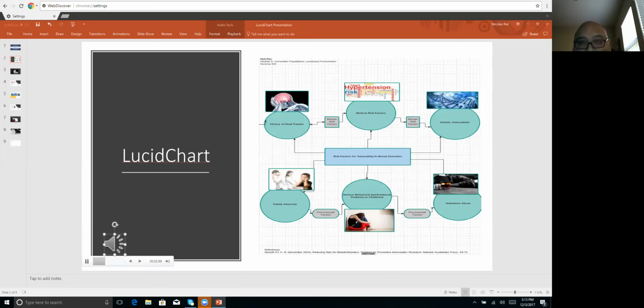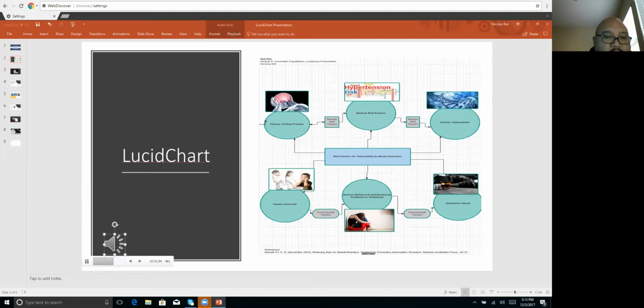Then I went to medical risk factors, like comorbidities, chronic diseases. And then the last, but not least, the third biological risk factor is genetic vulnerability.